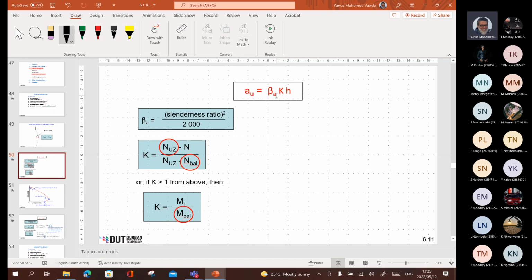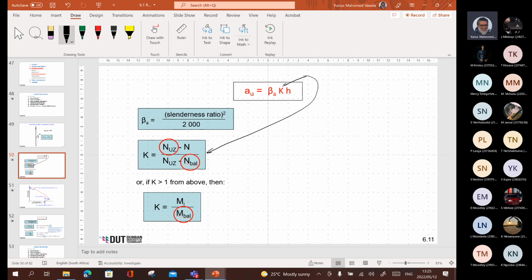For us, the code has made it very simple. It said slenderness ratio squared divided by 2000. K is another one. This is not the K that we are used to from other places. This K is now N_uz. So it comes from here. This is not the K equals M upon f_cu b d squared. Please, let's be absolutely clear about that.